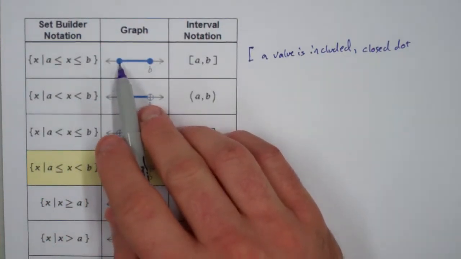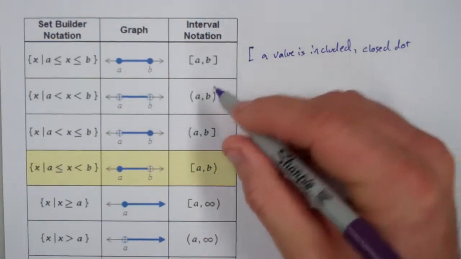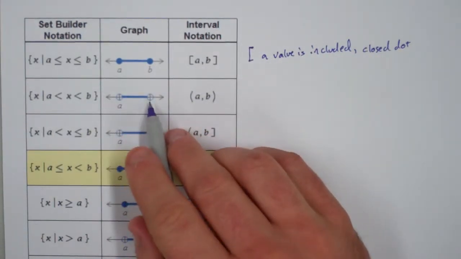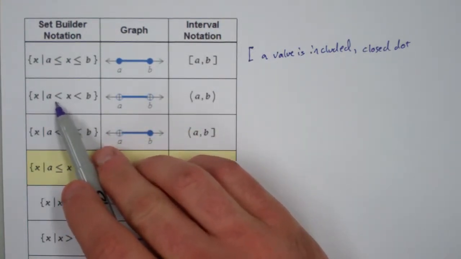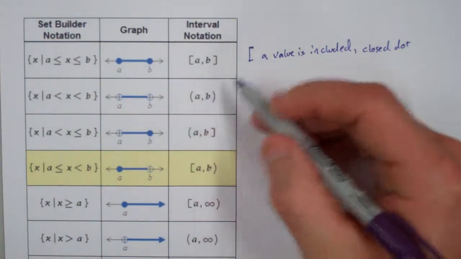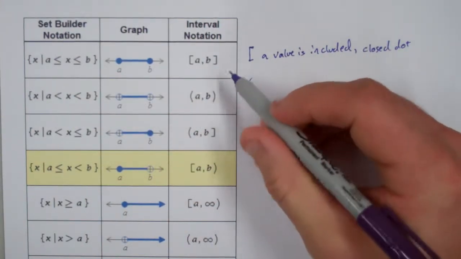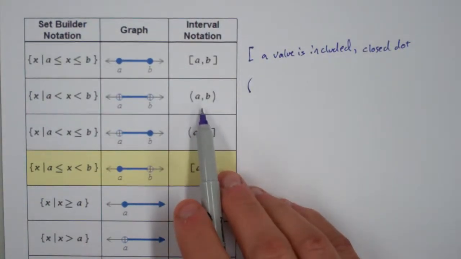And you can see that A is filled in, and we're going to use a bracket. The one below it though, A and B are not included. A is actually not a possibility here, there's no equal to sign, and also B. So we can use parentheses to indicate that in interval notation. Now keep in mind, this looks like an ordered pair, but it's definitely not.